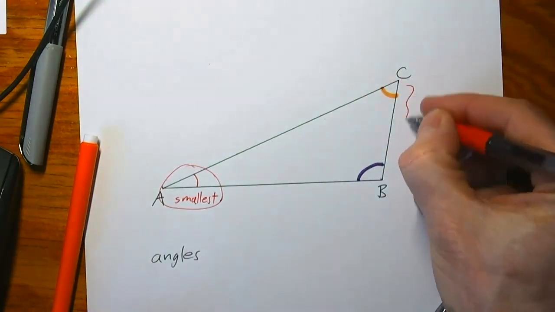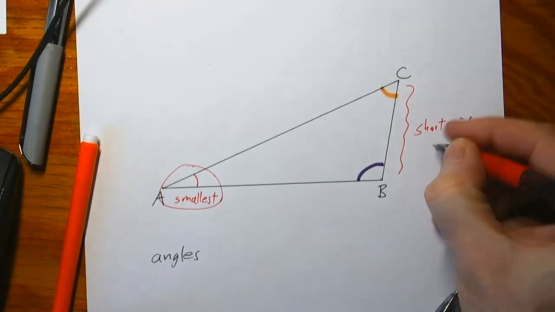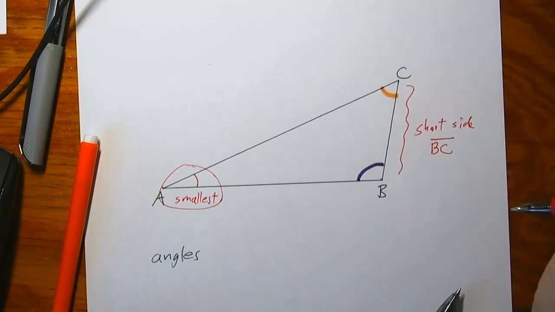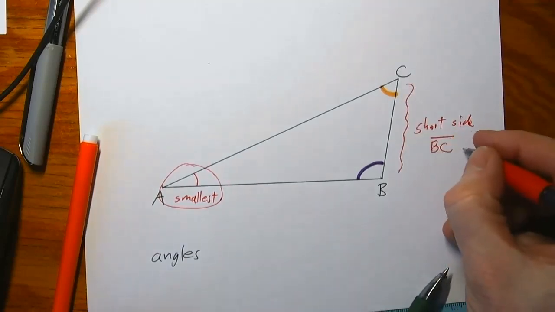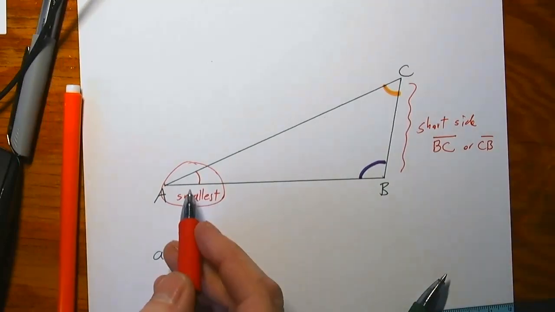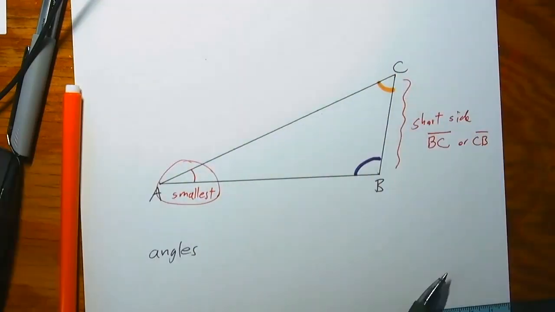Well, it looks like this one. To name this side, the short side, you could call it BC and put a line on it. It means connect B to C. Or you could say it backwards, CB. And what everybody seems to notice is that the smallest angle and the shortest side are always opposite each other, which makes sense.